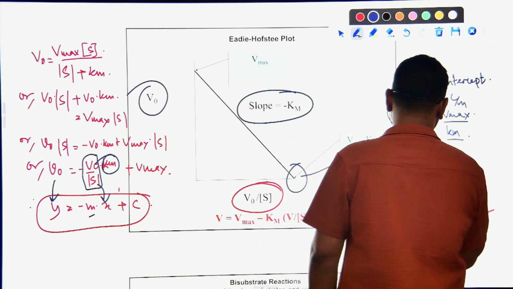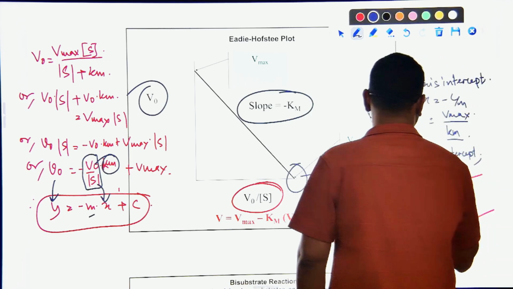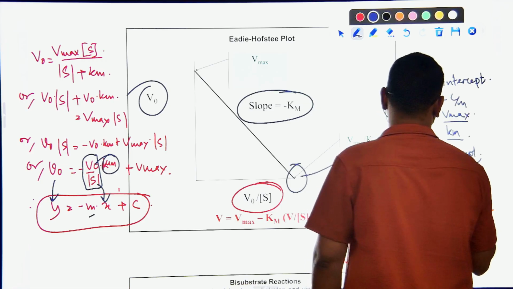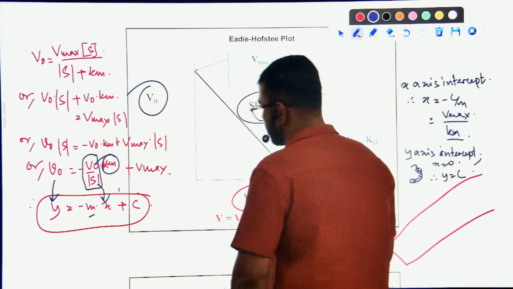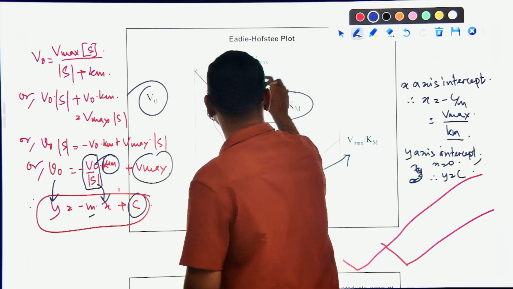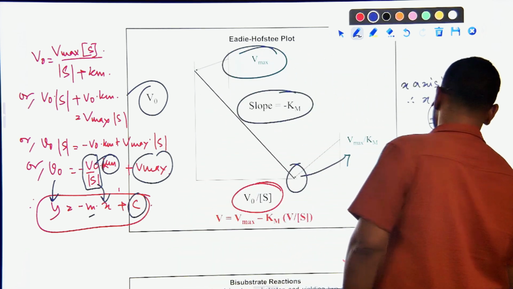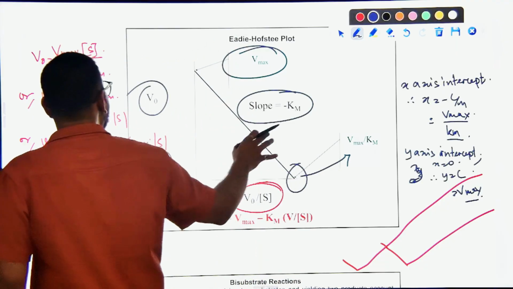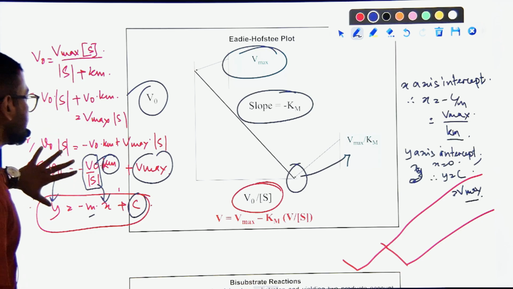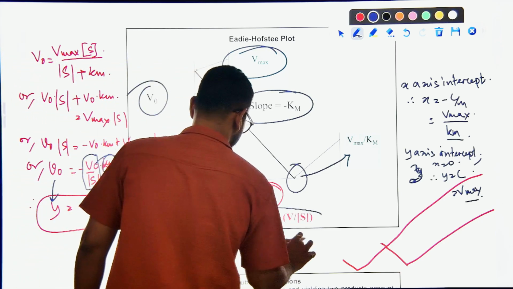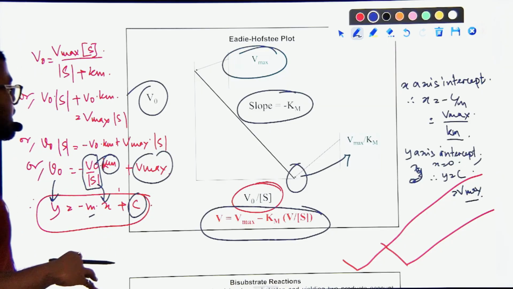Similarly, our y-axis intercept, that means x equals 0. Therefore, y equals C. C means we have our Vmax. So our y-axis intercept is Vmax. So this is how the overall Eadie-Hofstee plot is established. And this is the derivation of it from the Michaelis-Menten equation. So we have to know how the Michaelis-Menten equation works, and from that the rest will come eventually.